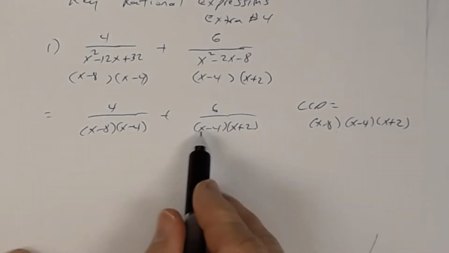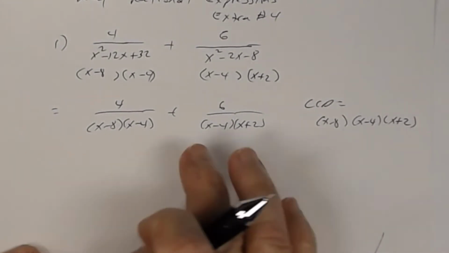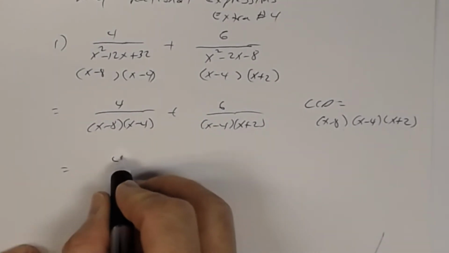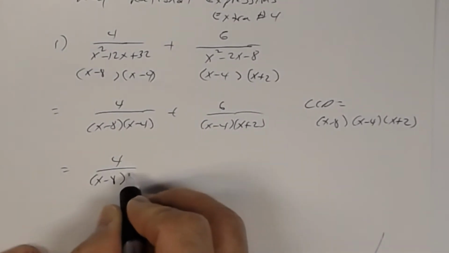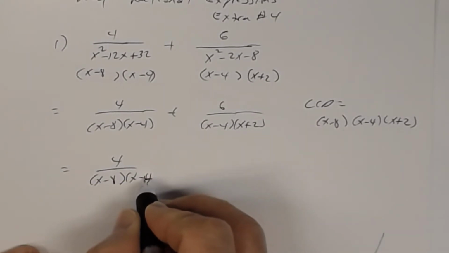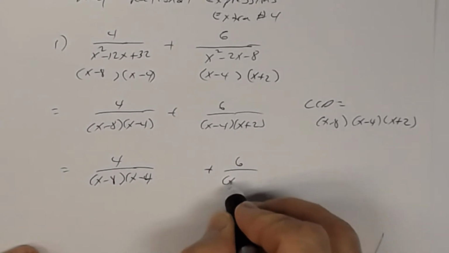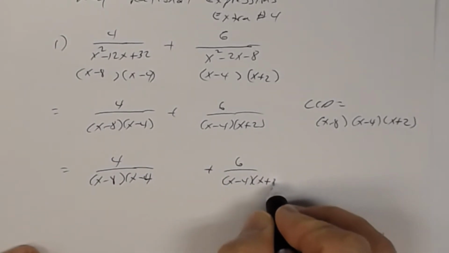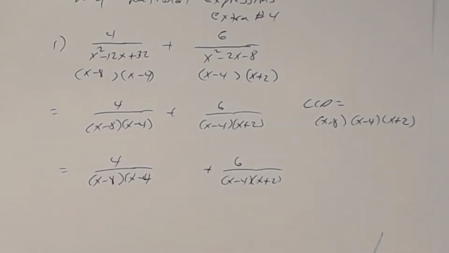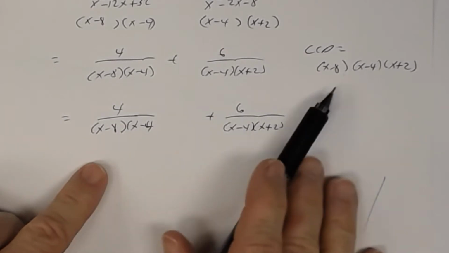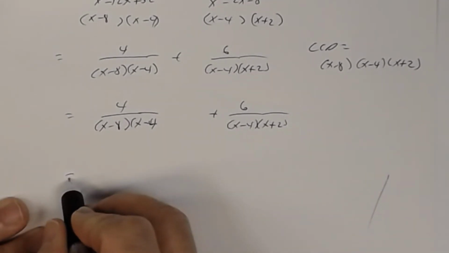So I'm going to rewrite this over, but I'm going to leave some space between these two. In other words, I'm going to say 4 divided by x minus 8 times x minus 4, leave some space here, plus 6 divided by x minus 4, x plus 2. Okay, now I'm going to write two equivalent expressions using the LCD.